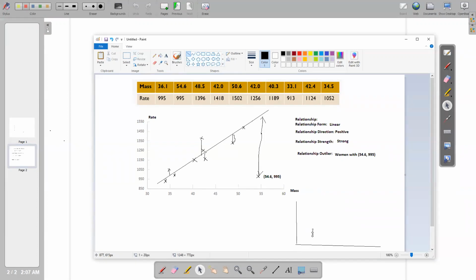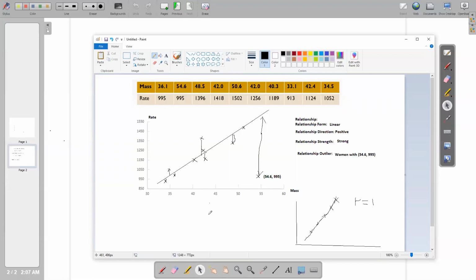Basically, you're going to have a few points. If all the points land exactly on the line, then that's the strongest correlation, equal to +1.